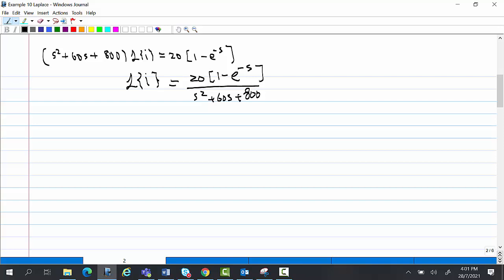Now, you see we can factorize. We find that this is equal to 20 times (1 minus e power minus s) over, in order to factorize, you need 40 and 20 here, so we get (s plus 20)(s plus 40).